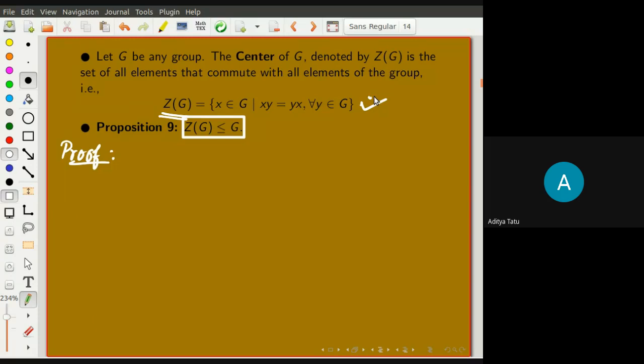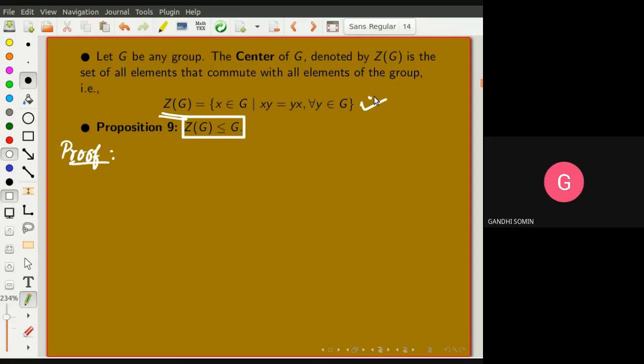What is the relation between center and centralizer? Sir, in the centralizer, if the element changes, it will be a subgroup only, but a different subgroup. Yes, possibly a different subgroup, not necessarily always, but possibly you will have a different subgroup. In this case, there is only one subset that proposition 9 says will always be a subgroup.